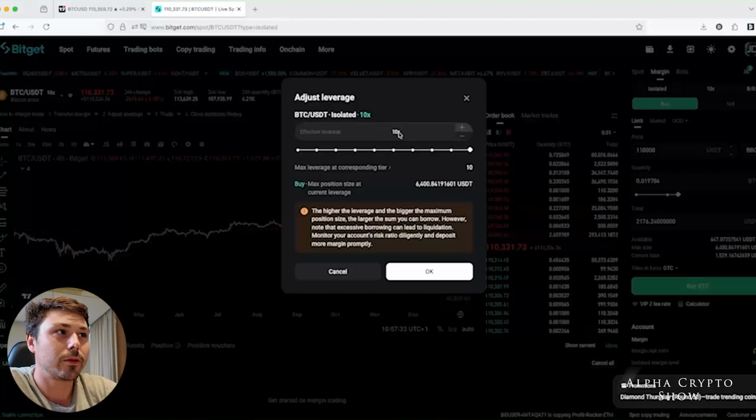Which means if you have 10x, it means that if the price goes down 10%, you will get liquidated. Okay, so if you lose, the loss will be 10 times more as well, and you can lose your money.